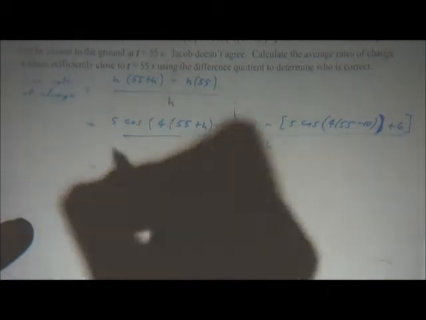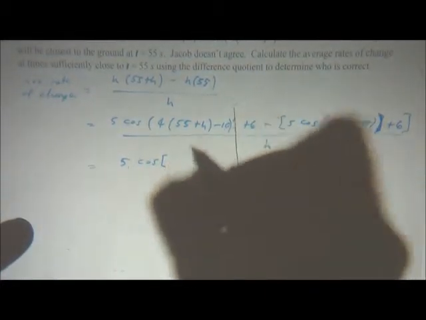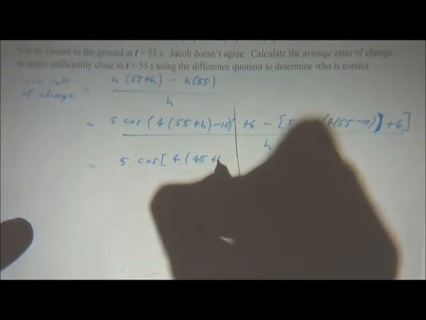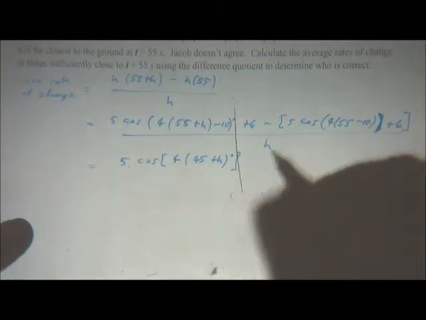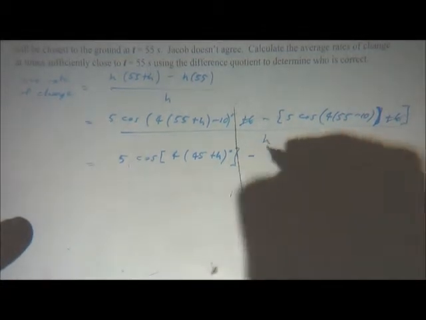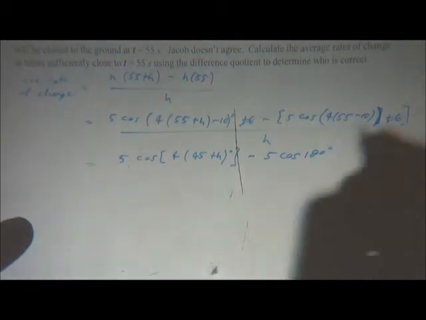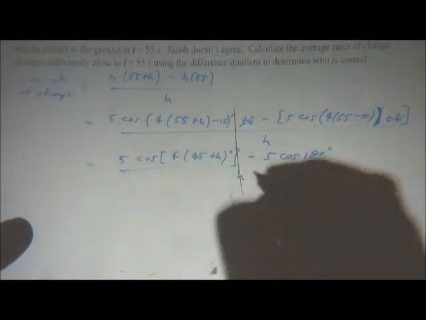Just simplify things a little bit. So we get 5 cos 4 times 45 plus h degrees. We would have canceled out the 6's here, and that's minus 5 cos 180 all over h.